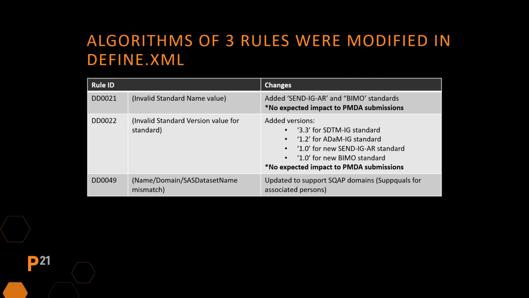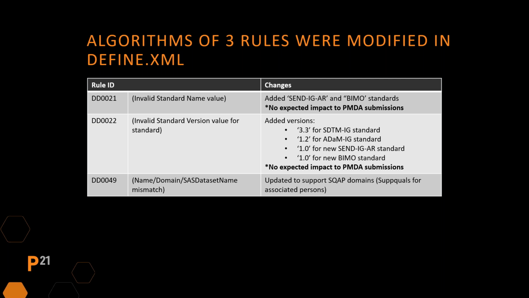There are not many changes in Define. Three rules have algorithm changes. DD0021 and DD0022 added standards or versions. For DD0021, SEND IG animal rule and BIMO standards are added.